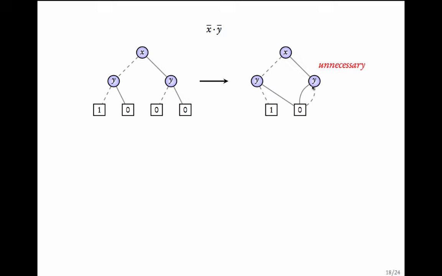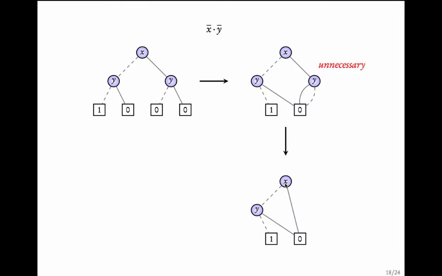What can you do? You can just remove this node and say that whenever x is 1, the value will be 0 no matter what y is. This says that if x is 0, then depending on whether y is 0 or 1, there are differences.